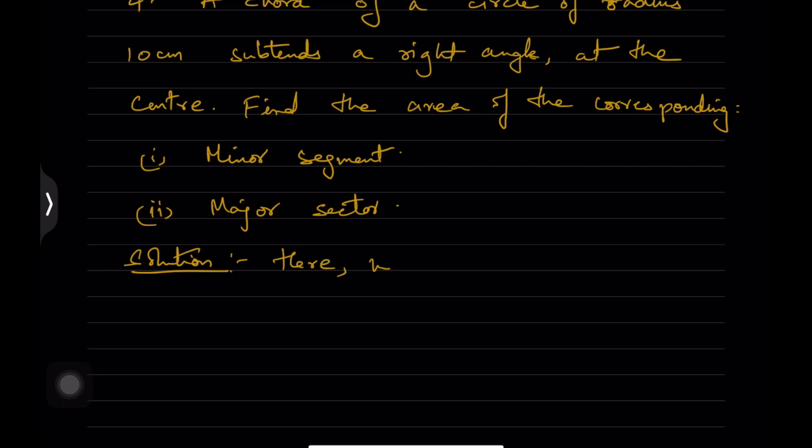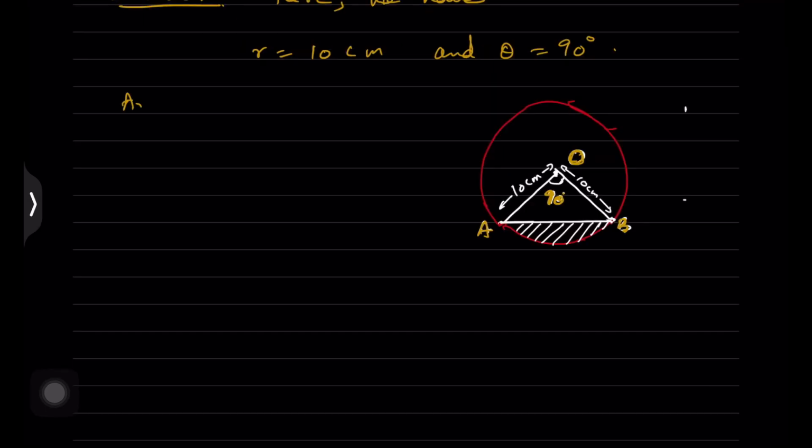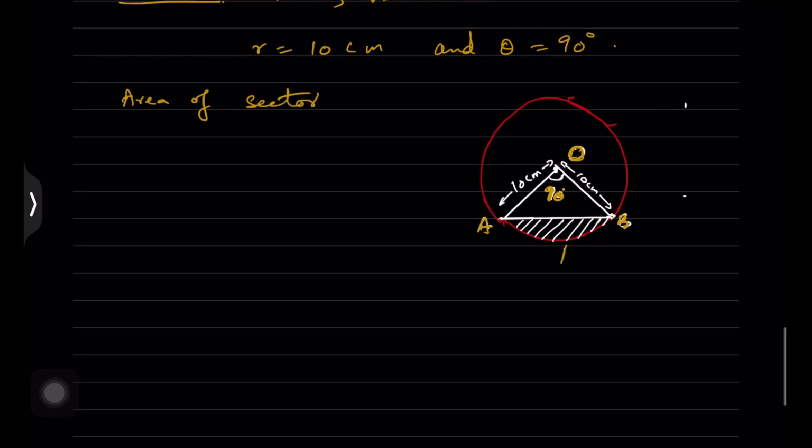Here we have r is equal to 10 centimeters and theta is equal to 90 degrees. So now we'll draw the circle. We'll see what is the minor segment, area of the minor segment. This is a circle. So area of sector, this is B. So here you have it as sector OAPBO.